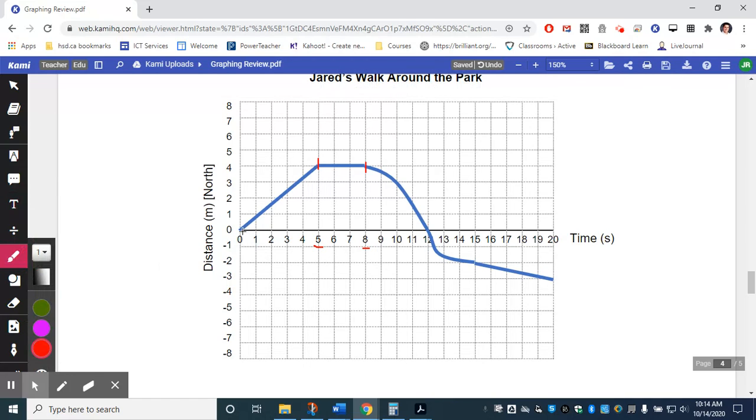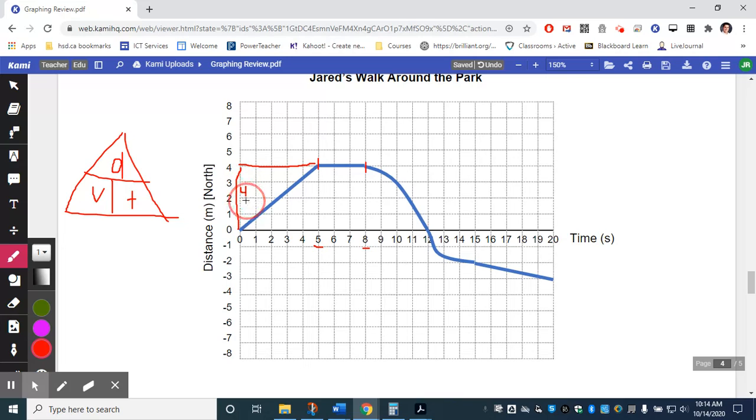Well, in order to find velocity, our triangle says that we need two things. To find the velocity, we need the distance, and we need the time. And so what's our distance? We went 4 meters. Okay, and how long did it take? 5 seconds. You see we go from 0 to 4, that's 4 meters, and it took 5 seconds.